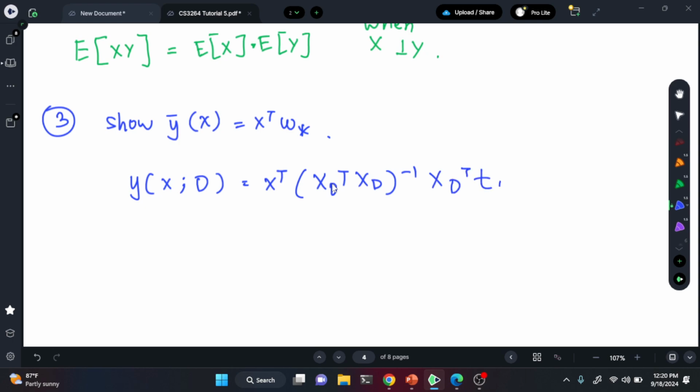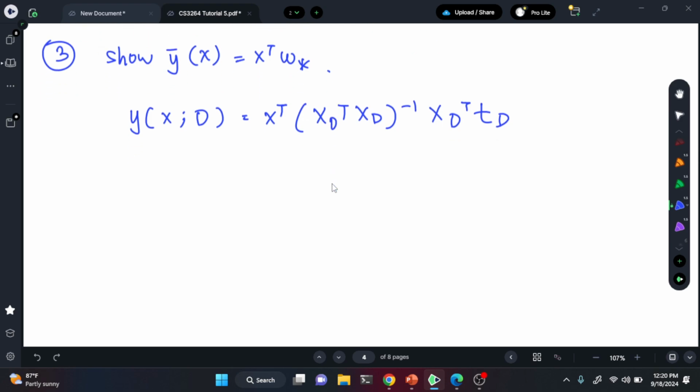Remember this part is where we have the pseudo inverse that we discussed in the first tutorial. Now we insert the value of TD obtained just now. From part 2, we have shown that TD itself is equal to xd w star plus the epsilon factor. So we substitute here.